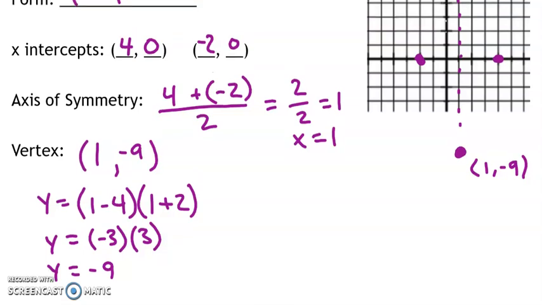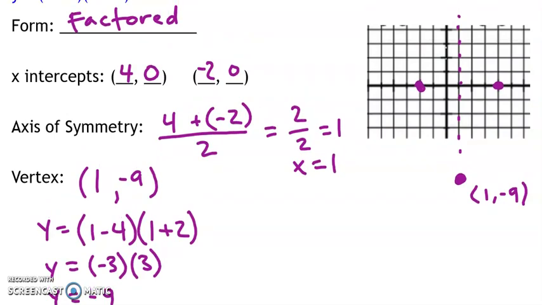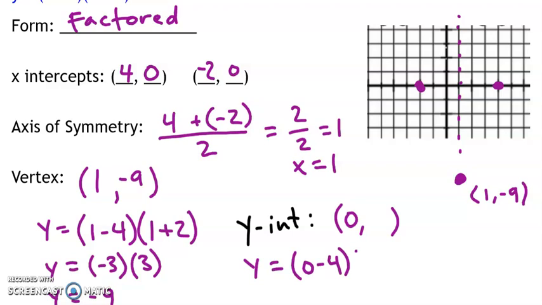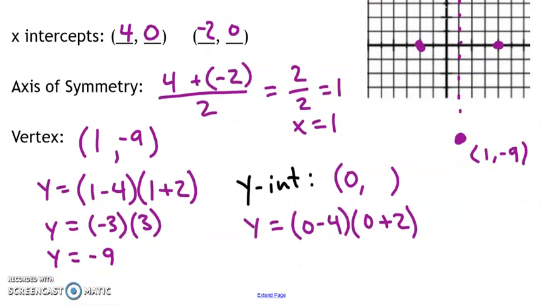And then the only other thing we need here is our y-intercept. I know that my y-intercept always has an x value of 0. So similar to how I found my vertex, I'm taking the part of my ordered pair that I know and substituting that in. If my x value is 0, then I get negative 4 times positive 2.